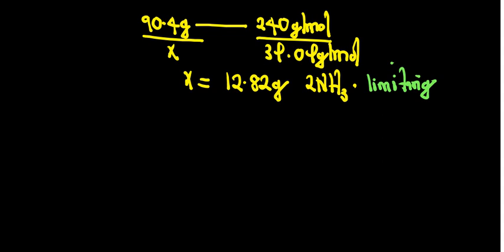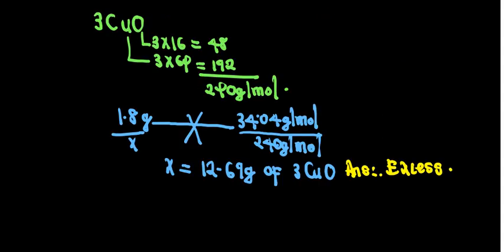So sometimes they phrase questions differently, and on the other side, you might be told to find by how much was it in excess. So to find by how much was it in excess, we just come here. This is what was in excess. I mean, this is what we needed, 12.69 grams, but we are given 90.4.